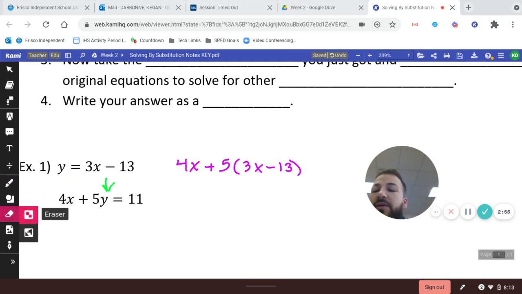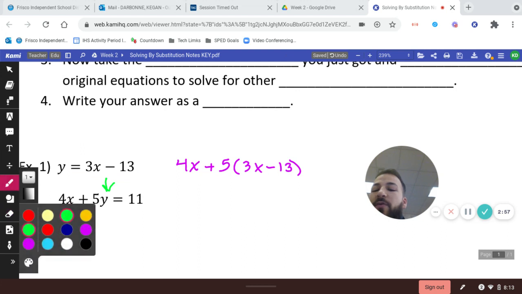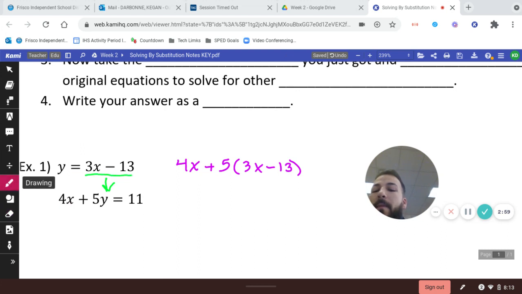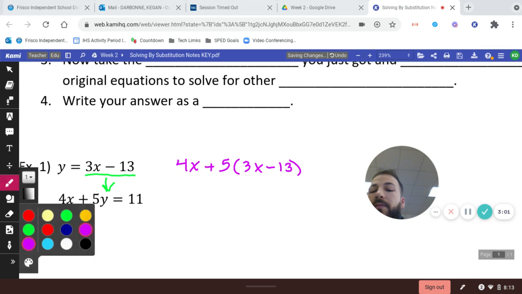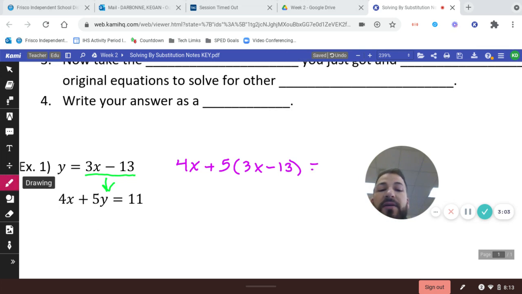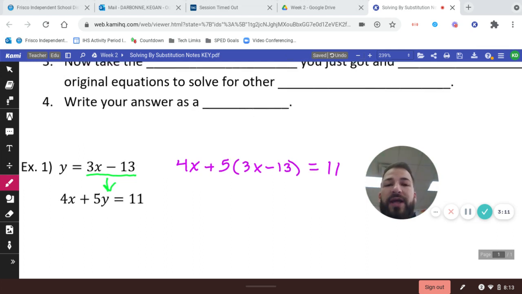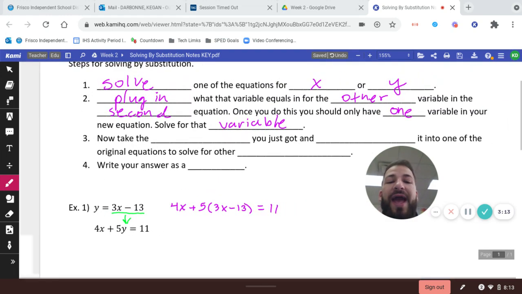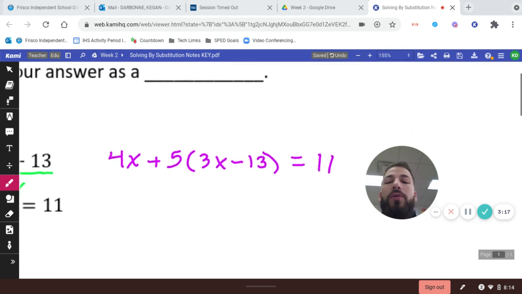I'll make it a little easier. We'll say we're just plugging this part in for y. Equals 11. So everything else stays the same. I'm just replacing y with what I know y equals. And if I did my job right, then I should only have one variable in my new equation. So I should now only have x because I replaced y with what I knew y to be.